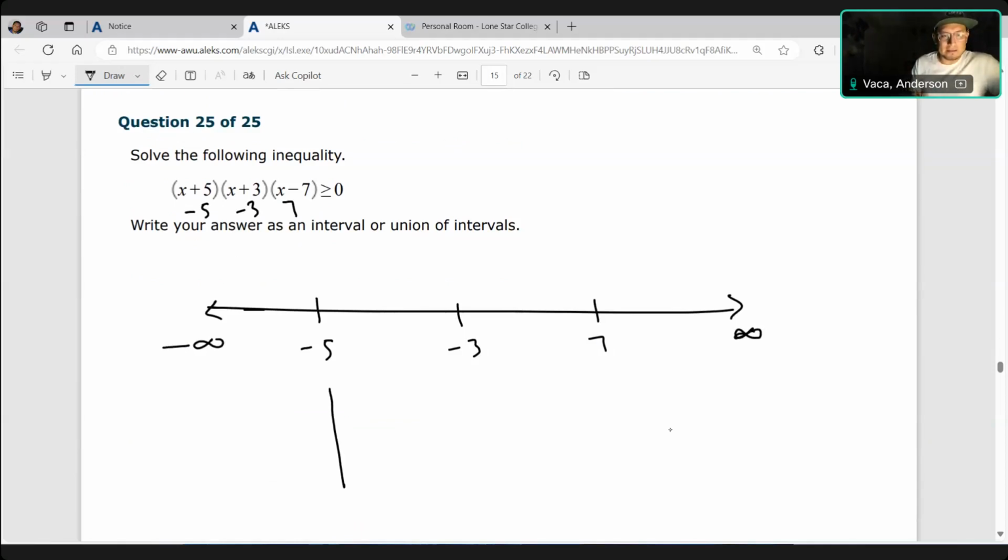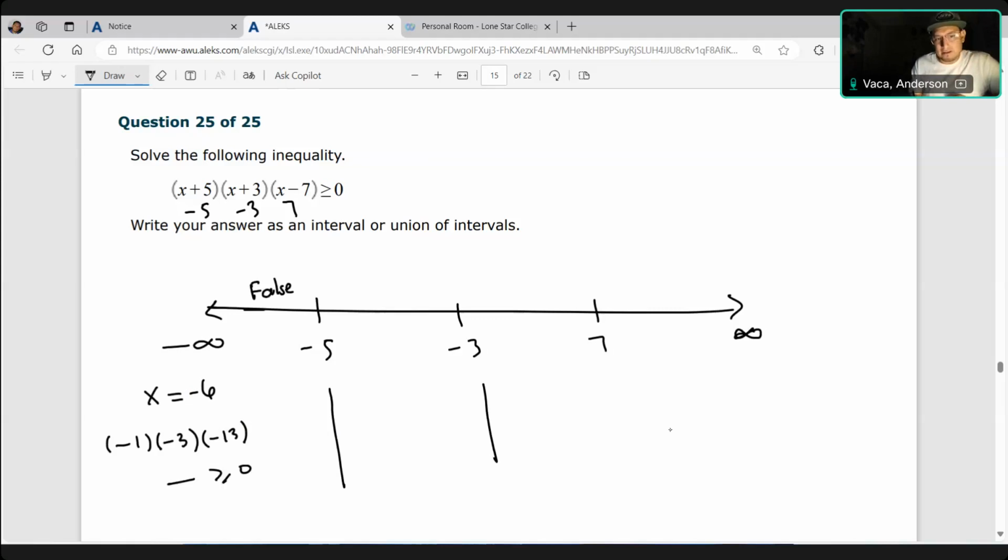Let's choose x equals -6. -6 plus 5 is -1. -6 plus 3 is -3. -6 minus 7 makes it -13. And this will be a number that is negative. And a negative number is not greater than 0, so that will be false.